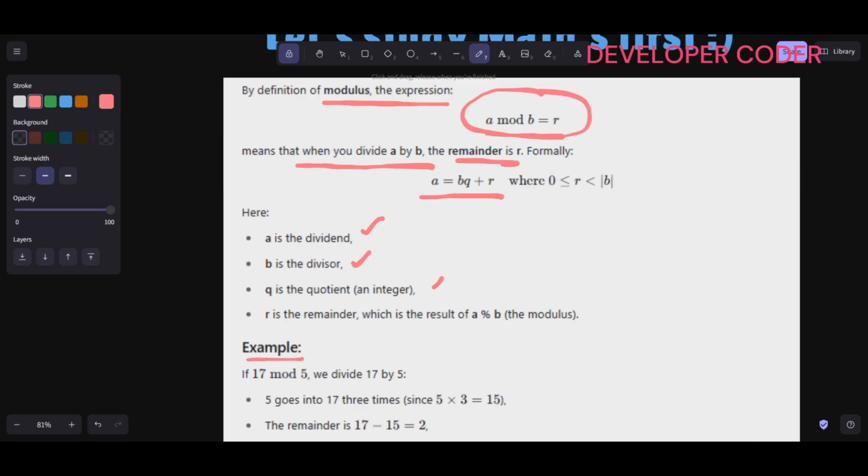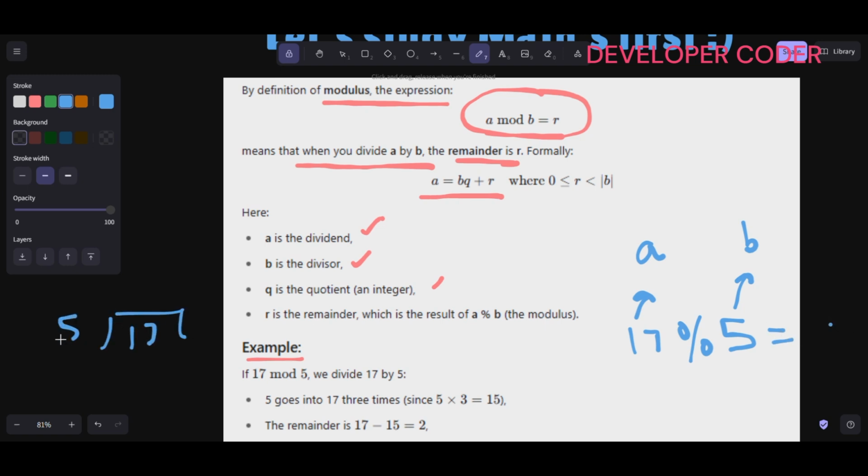See this example. If I ask you about 17 mod 5, tell me the remainder. This is your a value, the dividend, and this is the divisor. The remainder is going to be: 17 divided by 5, 5 threes are 15, so the remainder is 2.